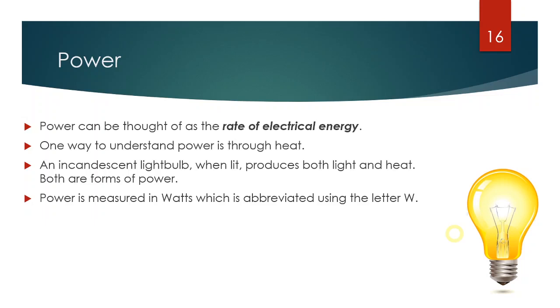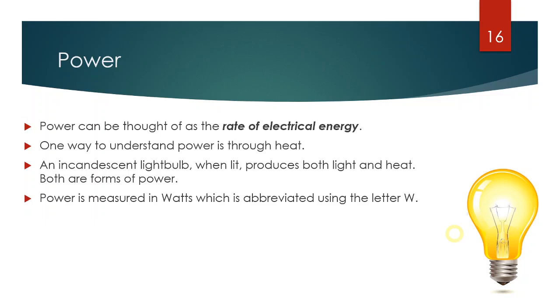Power is measured in watts, which is abbreviated by using the letter W. Now all of the wattages that people are used to, like a 60-watt light bulb, is the common one that we would use around the house. When you buy LED light bulbs now, they'll say it's a 60-watt equivalent. It actually draws considerably less wattage to produce the same amount of candle power that a 60-watt incandescent light bulb would.